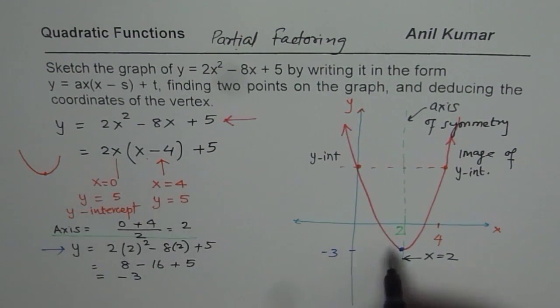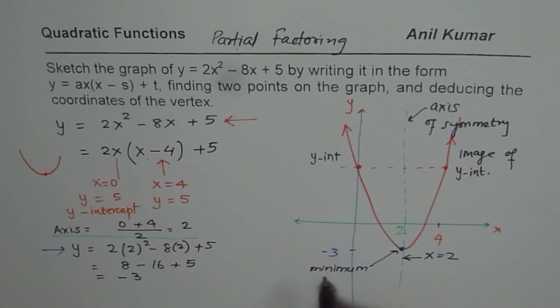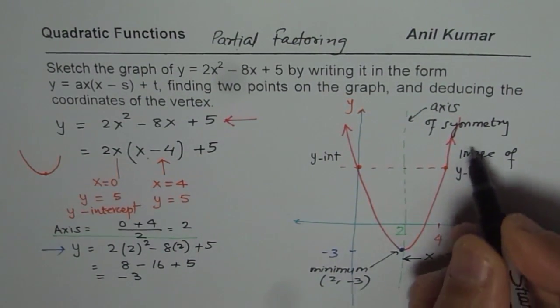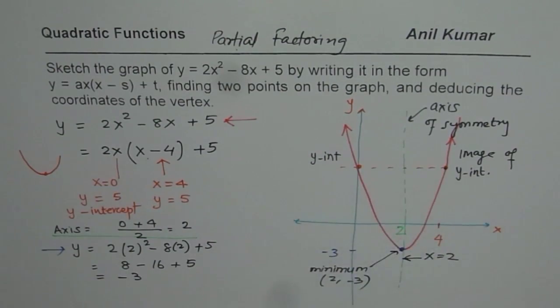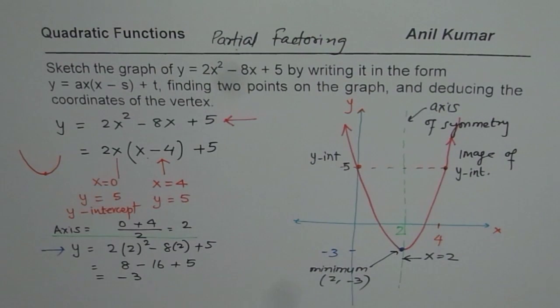Substituting 2, you get the minimum value, which is at 2, the minimum value is minus 3. These points are perfect to sketch the parabola. Do you see that? So that is a strategy which we can use to sketch a parabola, especially when it's difficult to factor the equation, right? And it is important to save time by not doing completing the square.